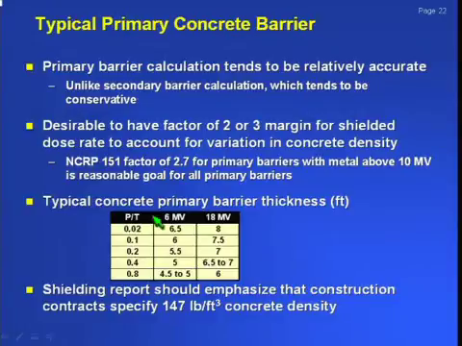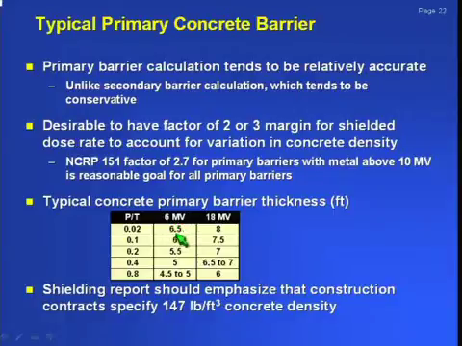Your typical concrete barrier thicknesses, just so you know what you're dealing with. If you have a low occupancy, you're typically looking for about an 8-foot barrier for an 18, for P over T of 0.02. Your uncontrolled full occupancy will take about an 8-foot barrier for an 18.